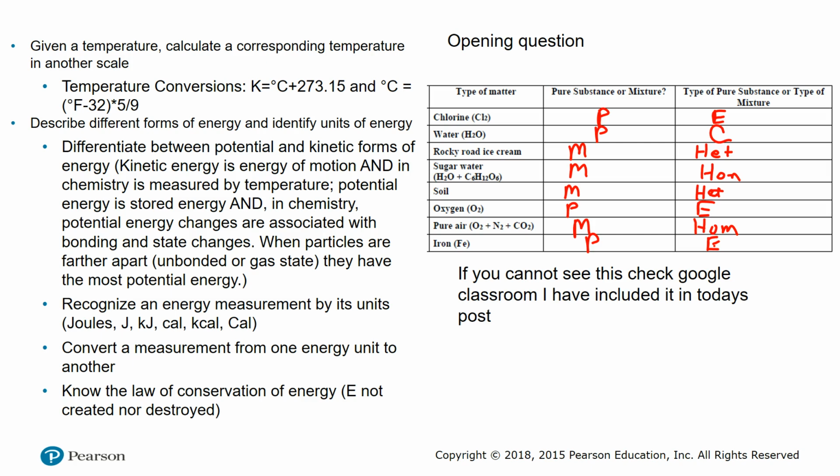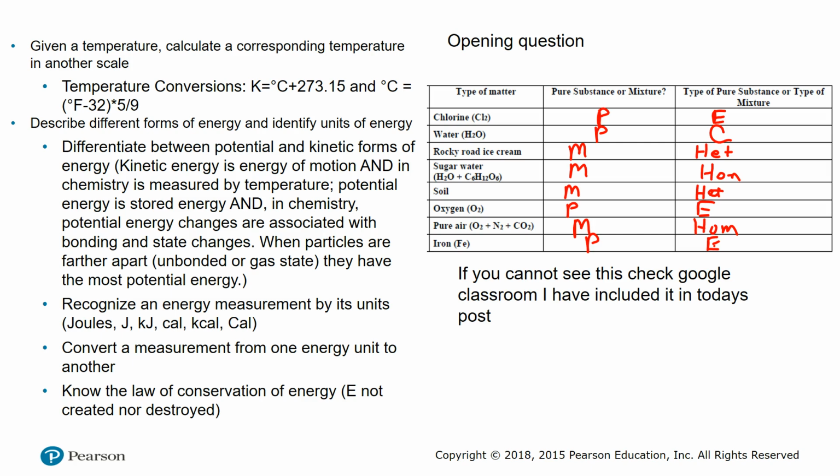All right. Today we're going to get into material that leads into a little bit more math. So we are going to be doing temperature conversions between Celsius and Kelvin, or Kelvin to Celsius, either way. And then we will also be doing temperature conversions from Fahrenheit to Celsius. I'm going to give you the formulas for those a little bit later. They're actually on there. It's just that it kind of wrapped around, so it's hard to see what it is.